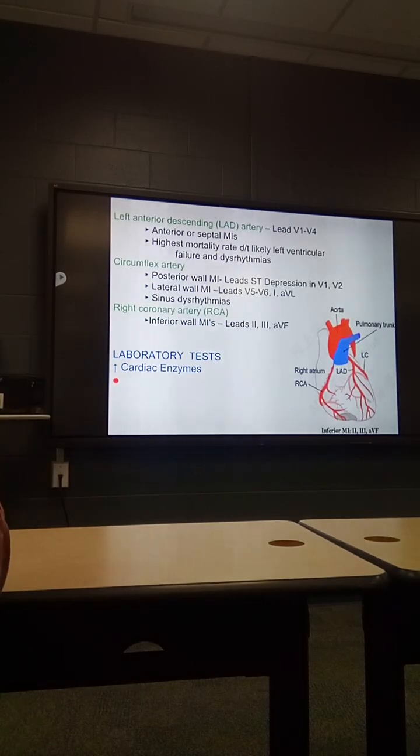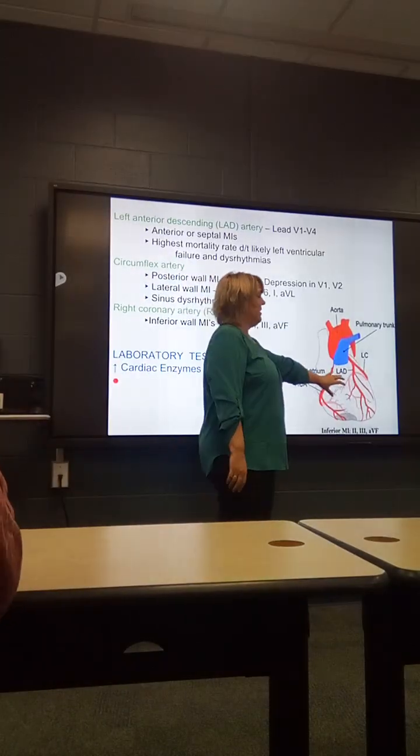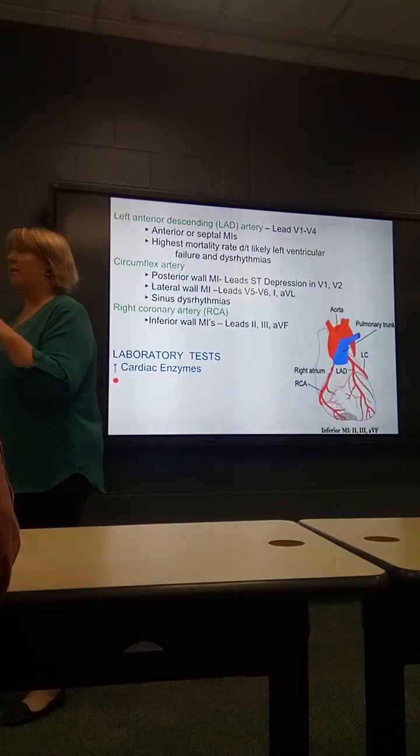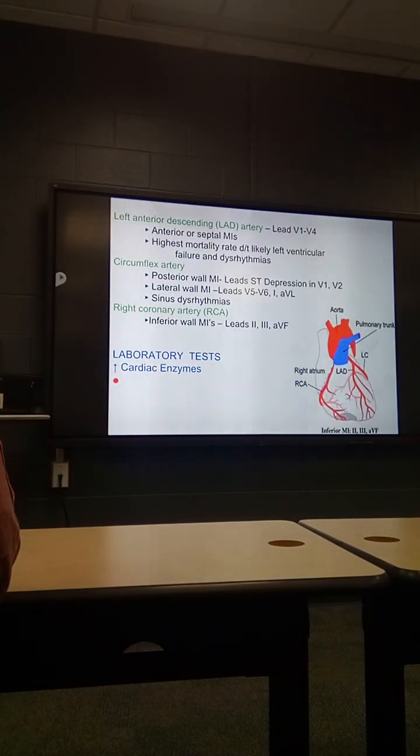And the circumflex artery goes to the back, and those are the leads they can look at for that part of the heart. So when the doctors are looking at that EKG, they can see what part of the heart is affected. In an emergent situation, they can go in and say, okay, I know it's on the right side, so they can hit the right coronary artery first before the left.